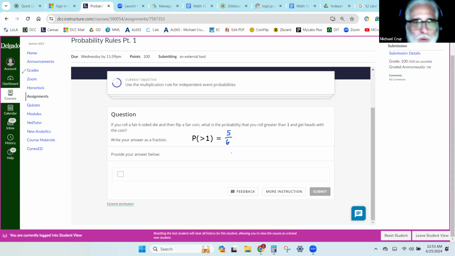Out of 6 total. And then the other thing is the probability of a head. And that's just the same old 1/2 thing. And since they're independent events, it's just as easy as multiplying them.